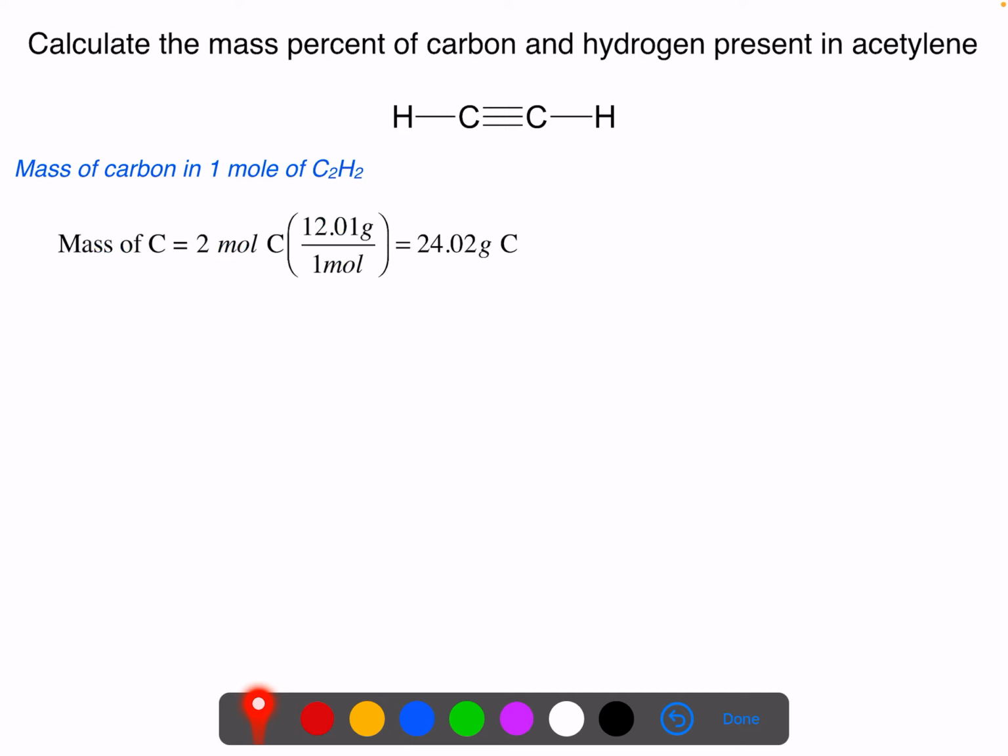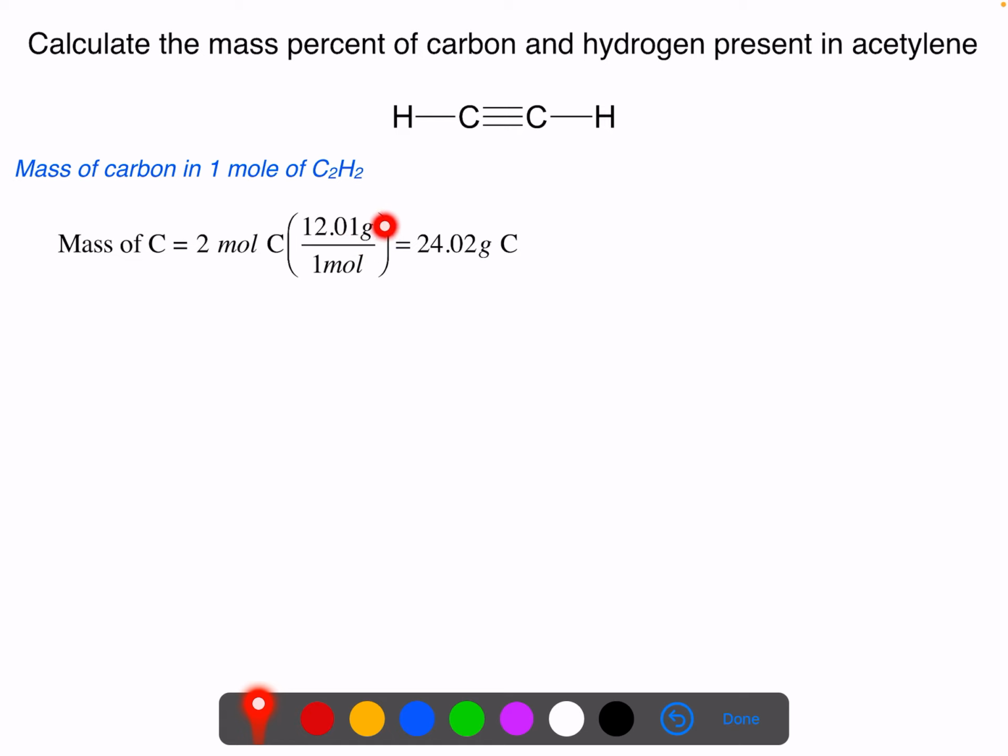In this molecule, C2, there's 2 moles of carbon. So if we have one of these molecules, we have 2 carbons. From the periodic table, we know the mass of 1 mole of carbon is 12.01 grams.